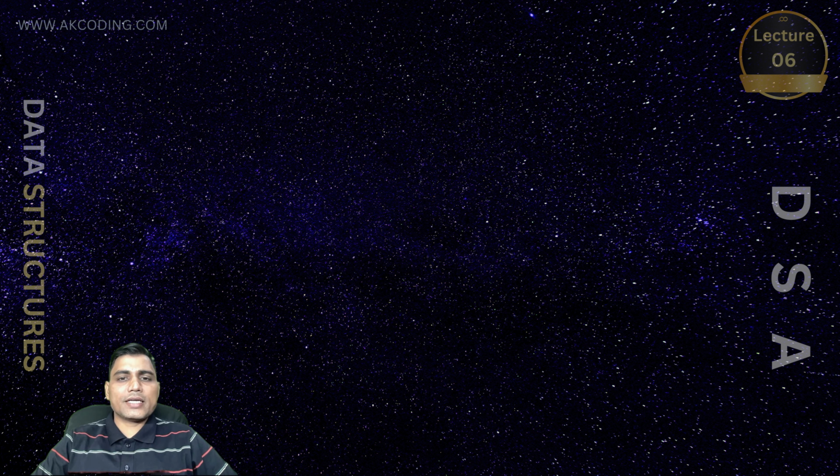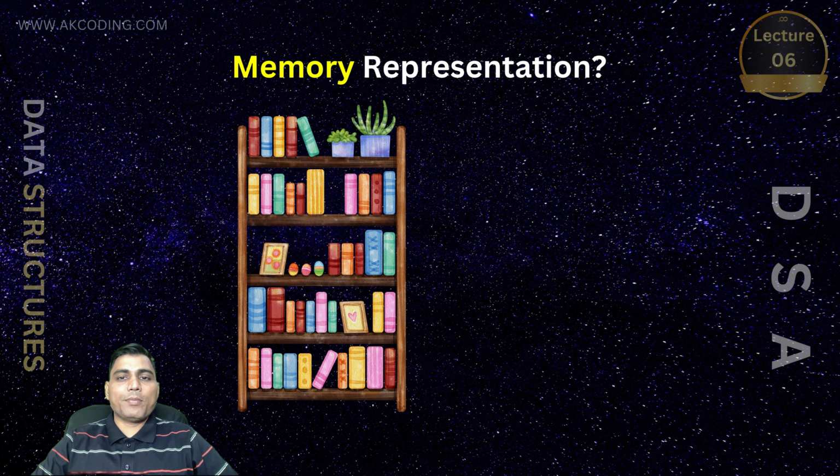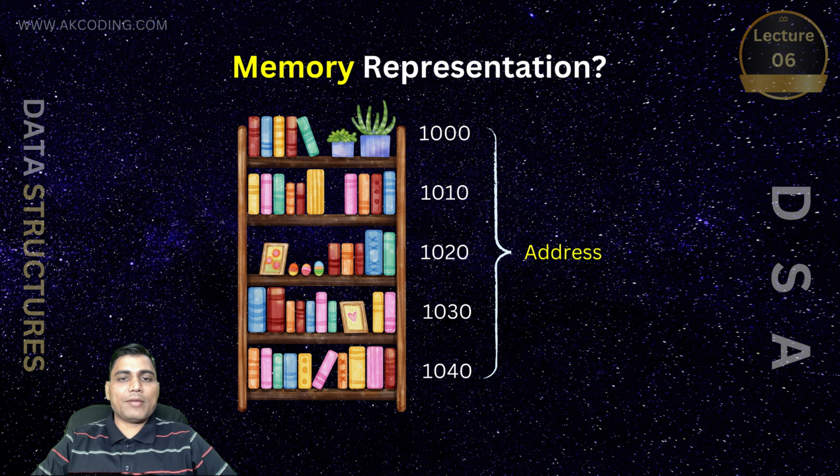So, what exactly do we mean by memory representation? Think of your computer's memory as a huge bookshelf. Every slot on this shelf has an address, just like a book's location in a library. Now, when you create an array, you are essentially reserving a section of that bookshelf, all neatly arranged next to each other.